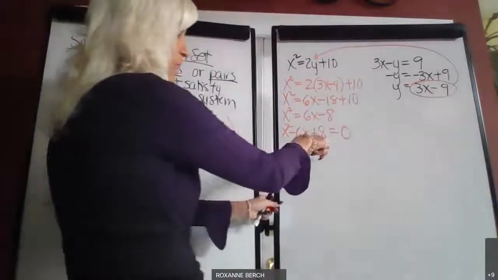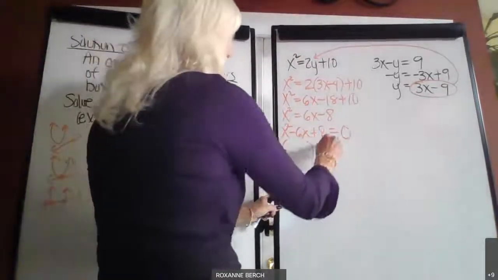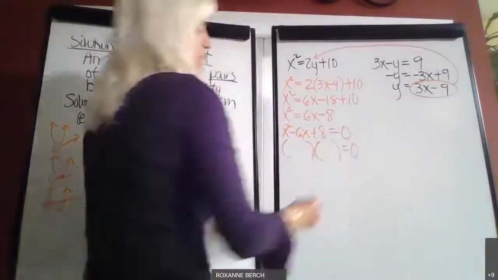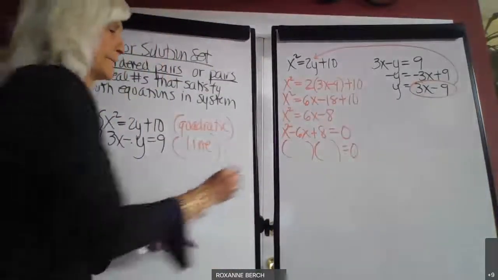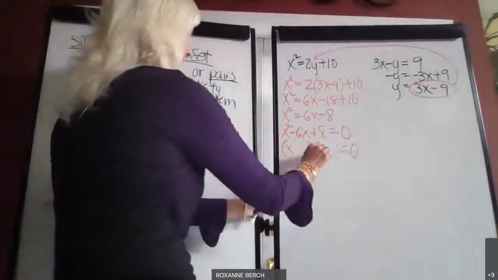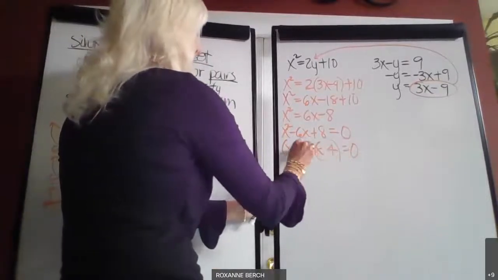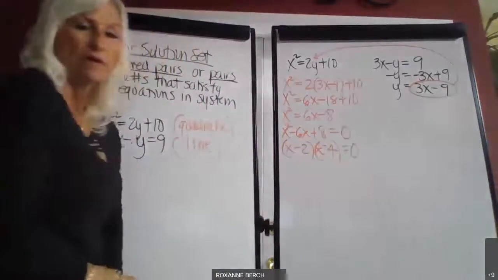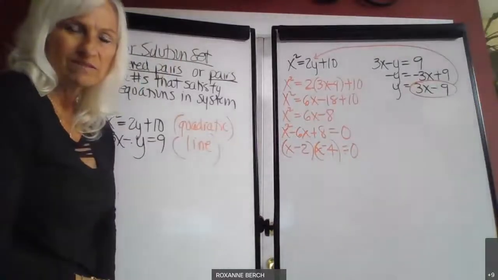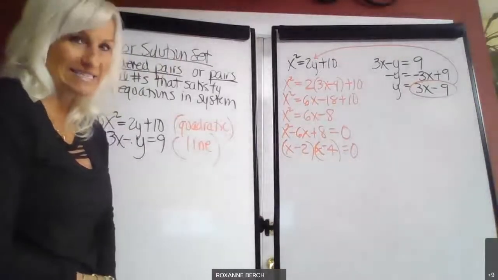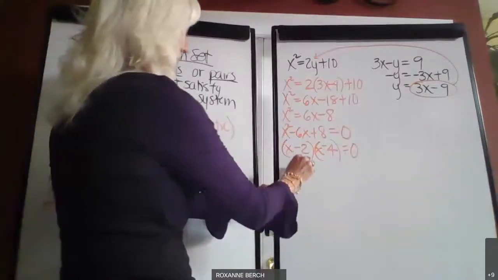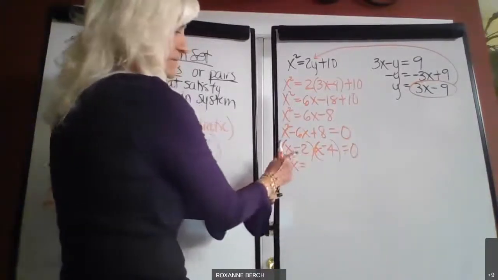So what multiplies to give 8 and adds to give negative 6? 2 and 4. And they're both negative. So it worked. So what are your x's? 2 and 4.